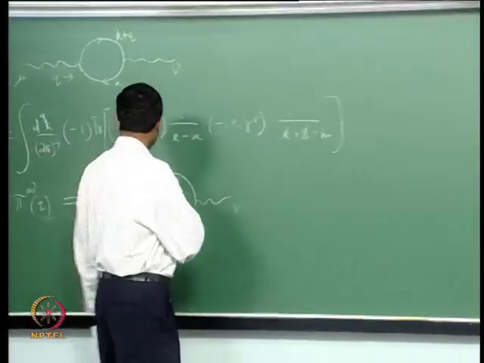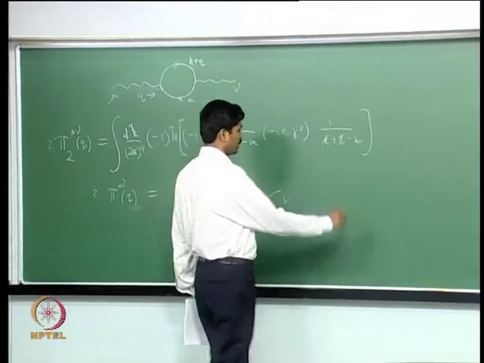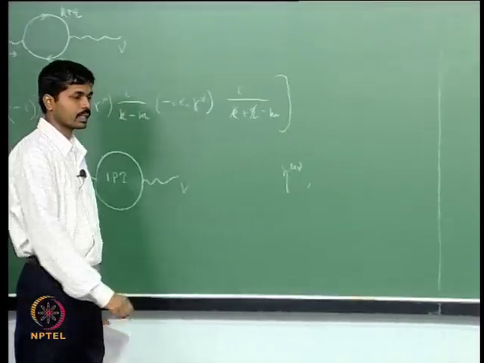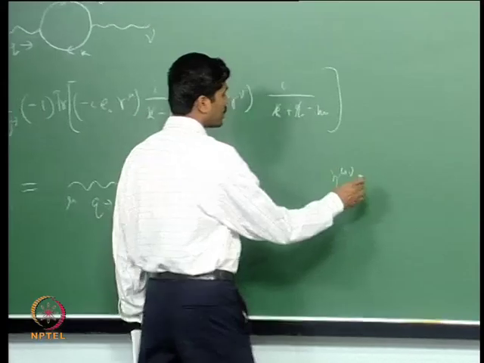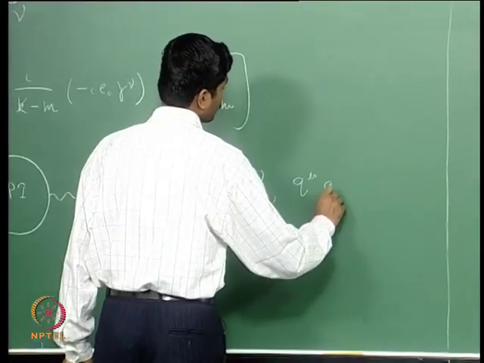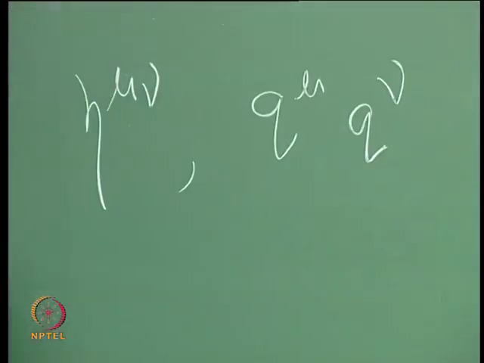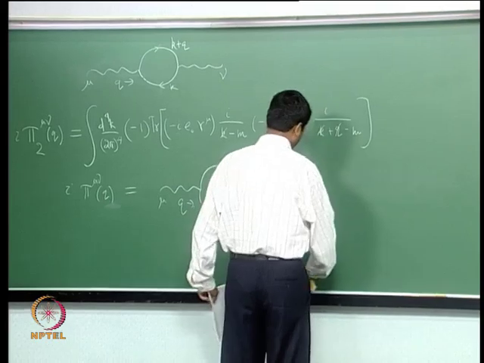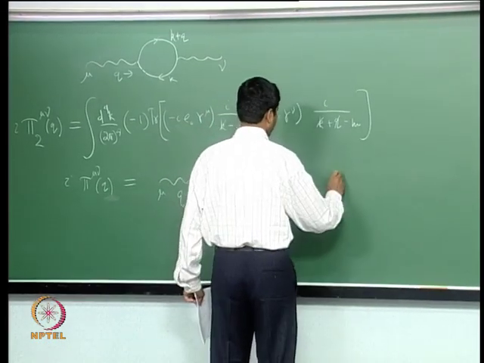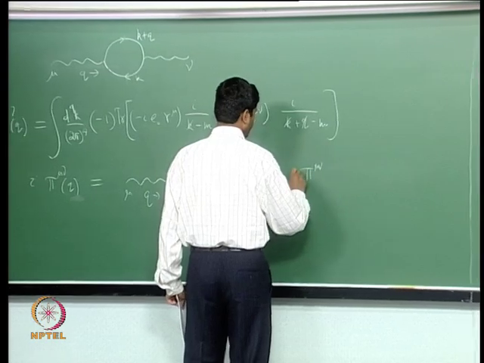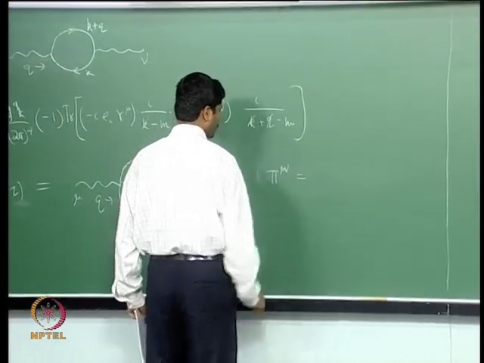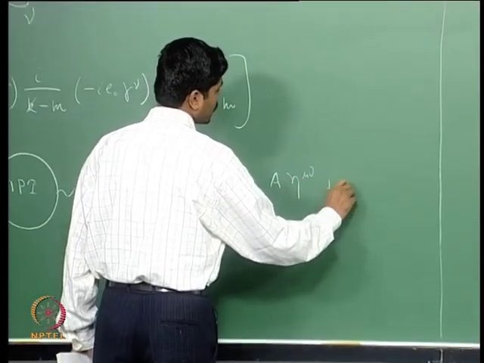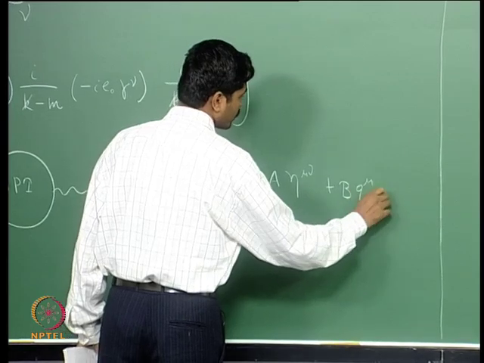So, the only things that it can contain are eta mu nu, which is a symmetric second rank tensor, and in addition you can have q mu times q nu. So, the most general form for pi mu nu will be A times eta mu nu plus B times q mu q nu.